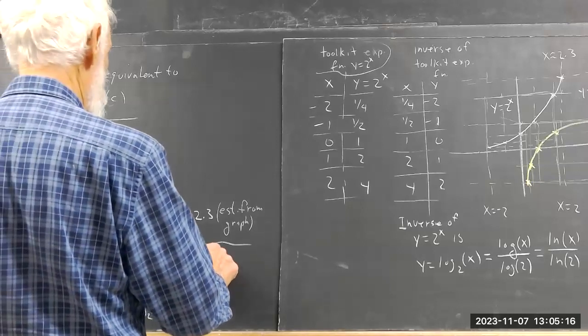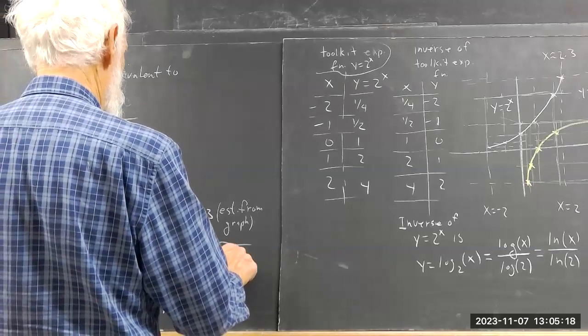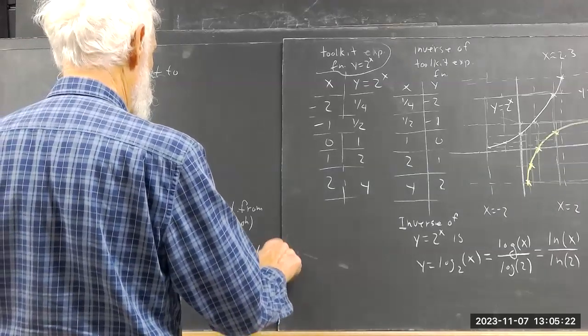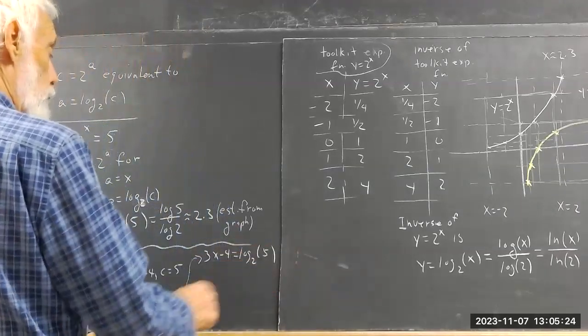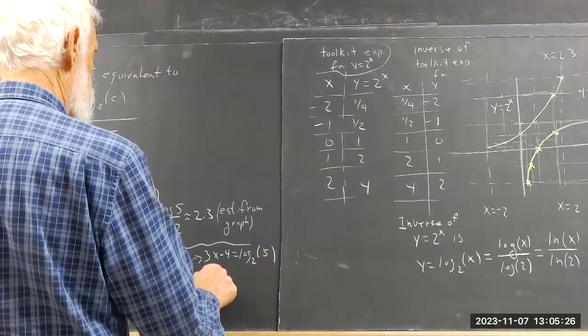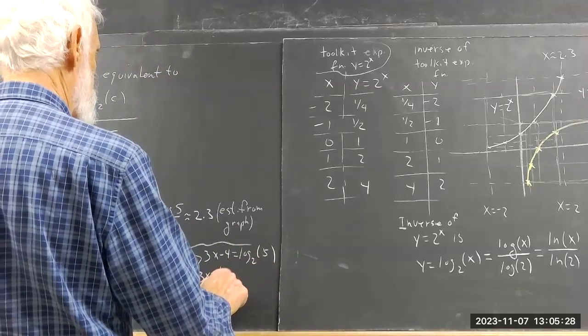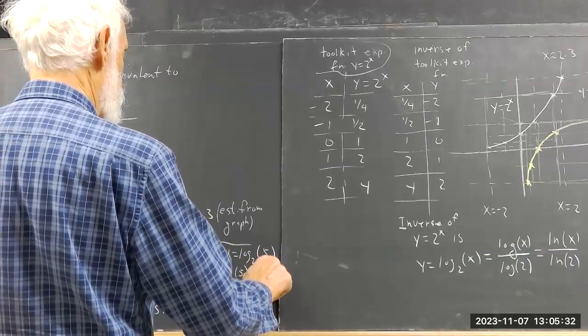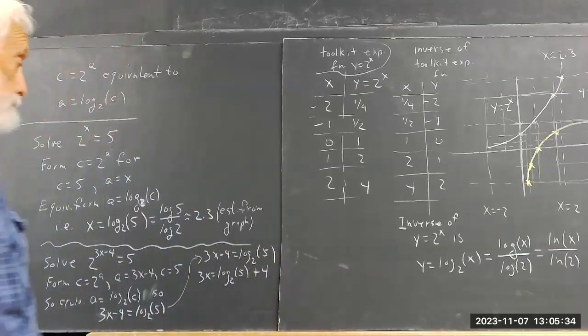So we've got 3x minus 4 equals log base 2 of 5. Add 4 to both sides, we get 3x equals log base 2 of 5 plus 4.